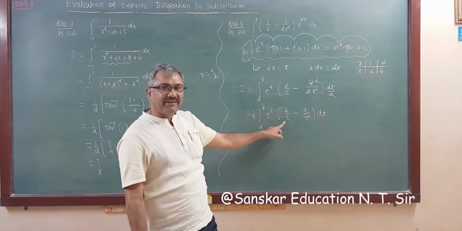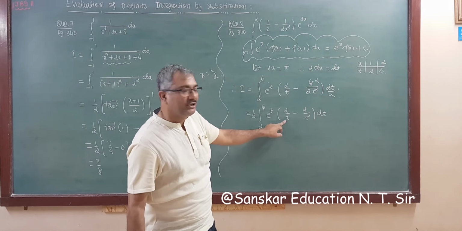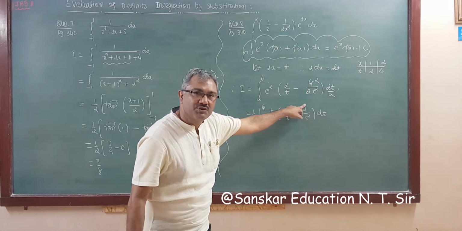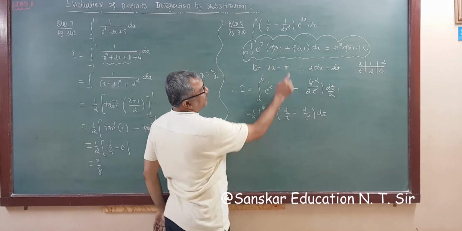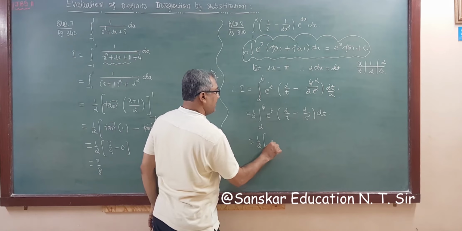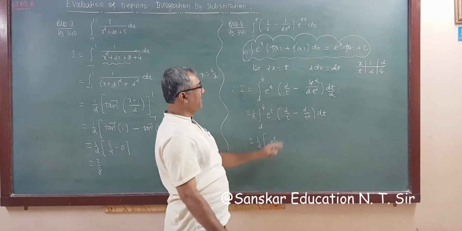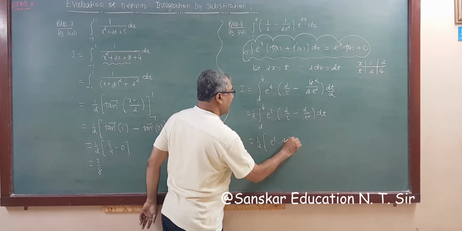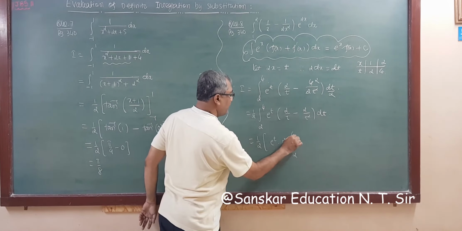So this is your ft. Derivative of 1 upon t, 2 is constant, is minus 1 upon t square, 2 is constant is also there. So what is your answer? According to this formula, answer will be 1 upon 2 e raised to t into fx. Fx here is ft, 2 by t, and limit is from 2 to 4.